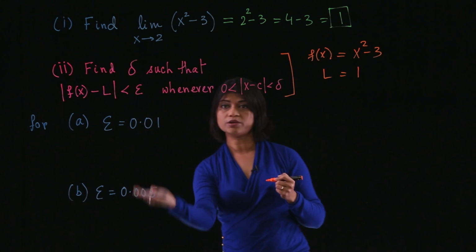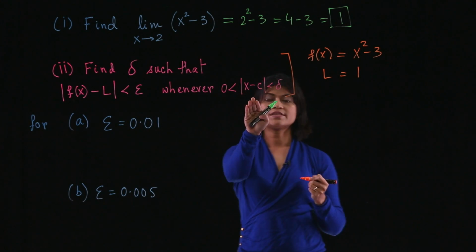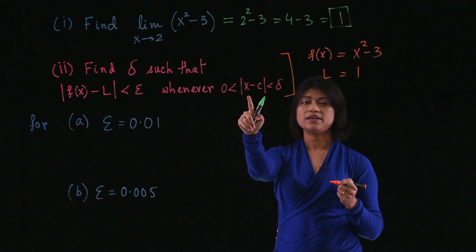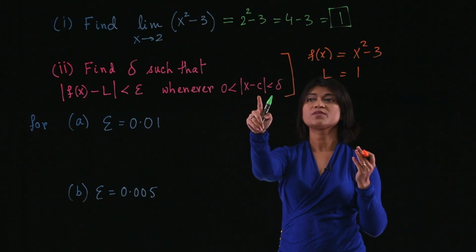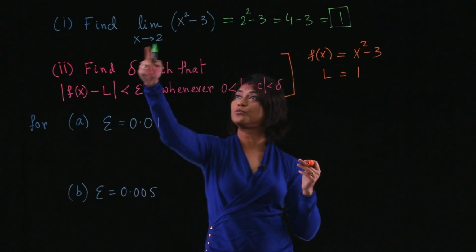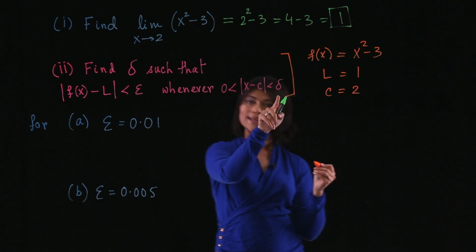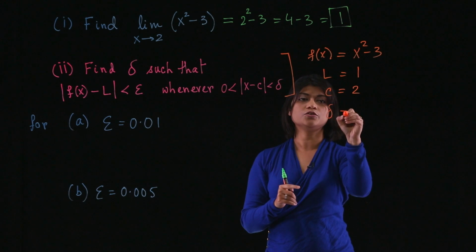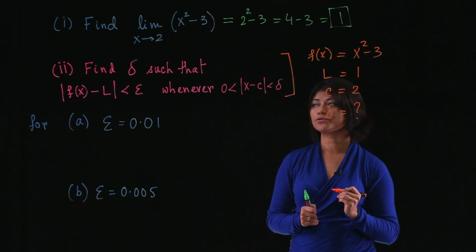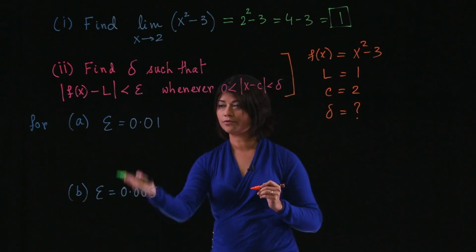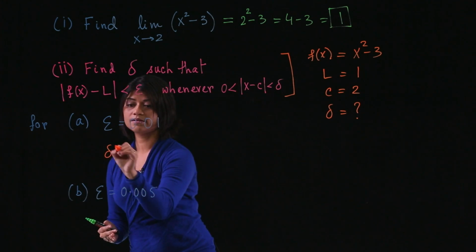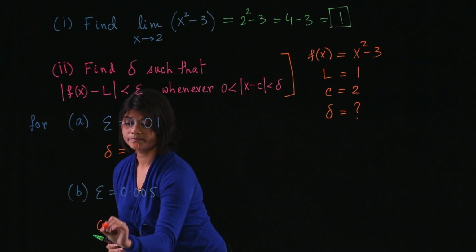Epsilon values are given to us. For this next inequality, x is just the variable x. C is where x is approaching to, so C is 2. And delta is what we don't know and we have to figure out. So for each given epsilon, we will find a delta.